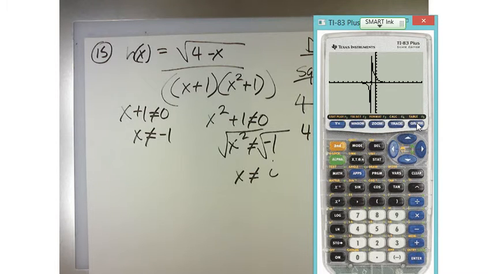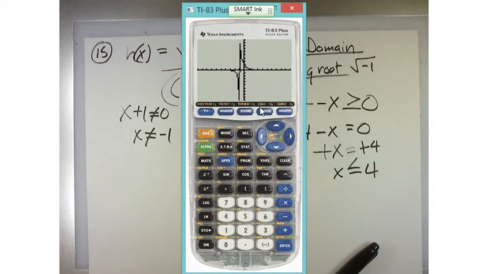It said x had to be less than 4, so how does that come into play? Let's trace it and see. As I approach 4 in the x direction, what happens to my y values? They go down. But notice that when I go to 4, it's undefined.